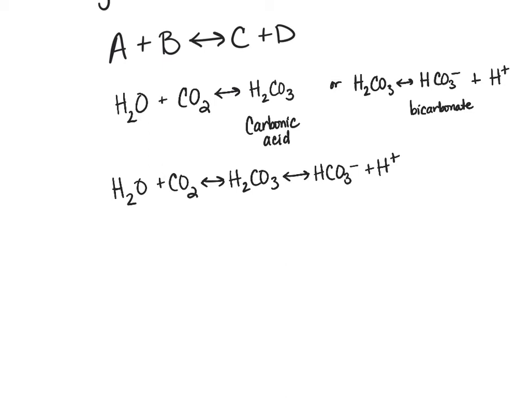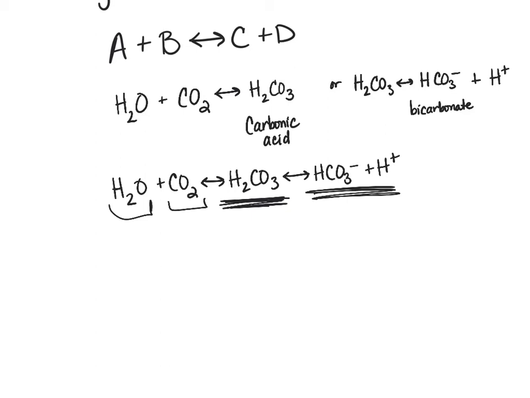If you'll notice, this is water plus carbon dioxide, which is what we breathe out. In our bodies, when our cells are making carbon dioxide for us to breathe out, before it's breathed out, it actually goes into the bloodstream and it can mix with water. When it mixes with water, it can make carbonic acid. Then we can make carbonic acid, or we can have bicarbonate and the hydrogen ion.